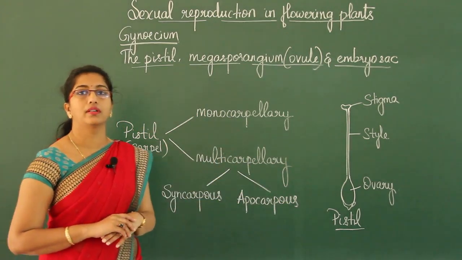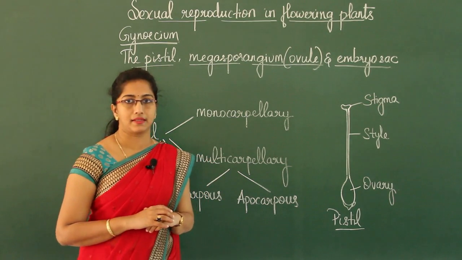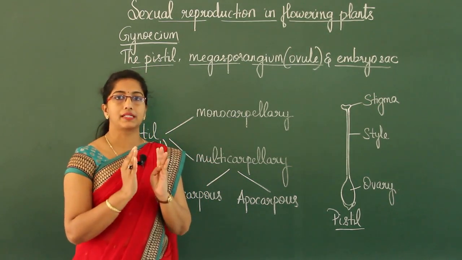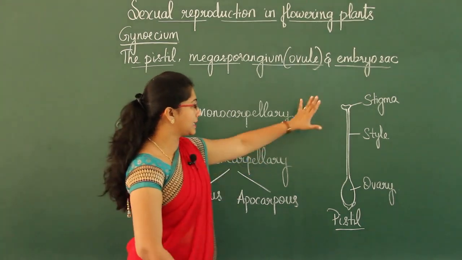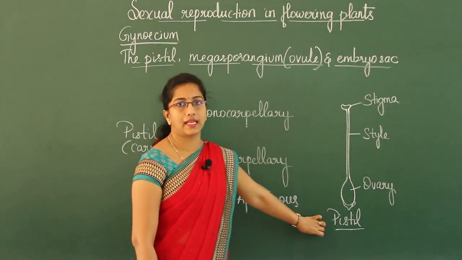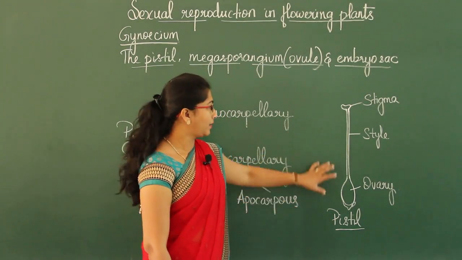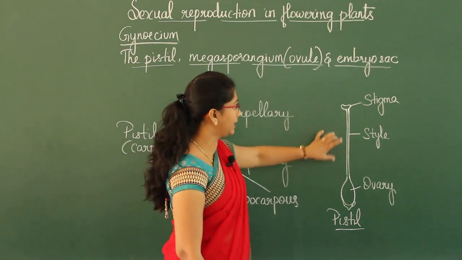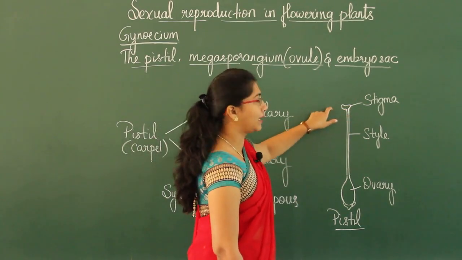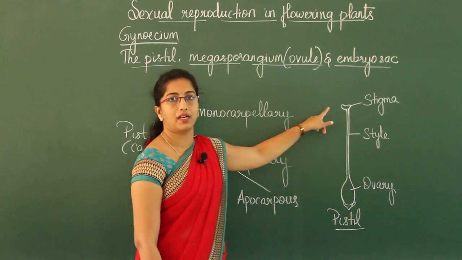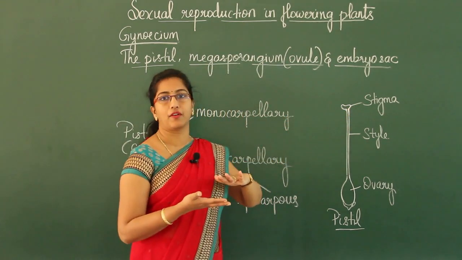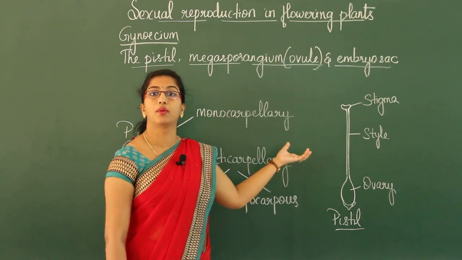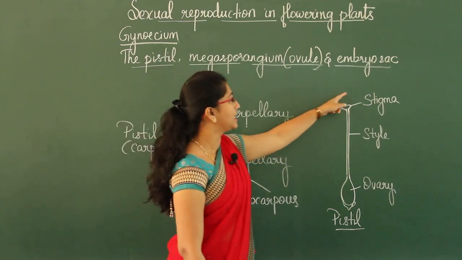Now we'll move on with the study of pistil. Pistil or carpel, we can use either term. This is the structure of a single pistil. You can see it has a structure called stigma, the part which is like a platform for the landing of pollen grains.